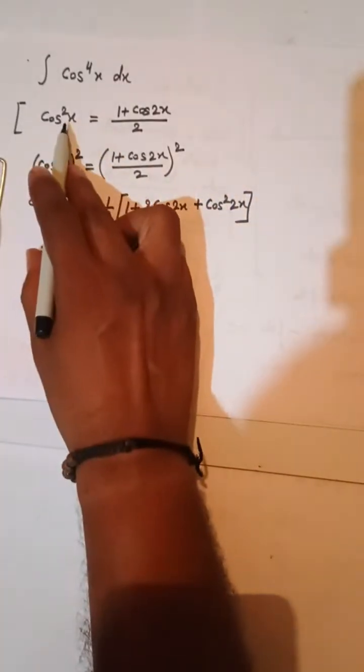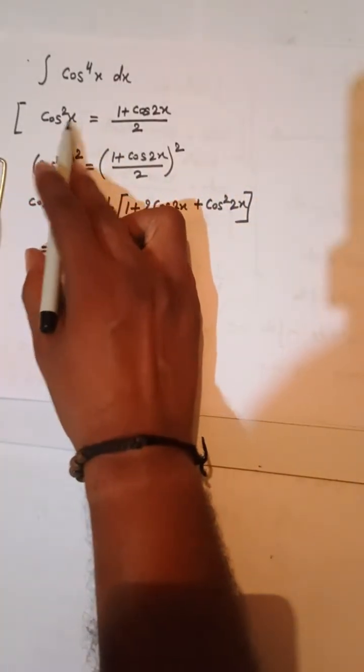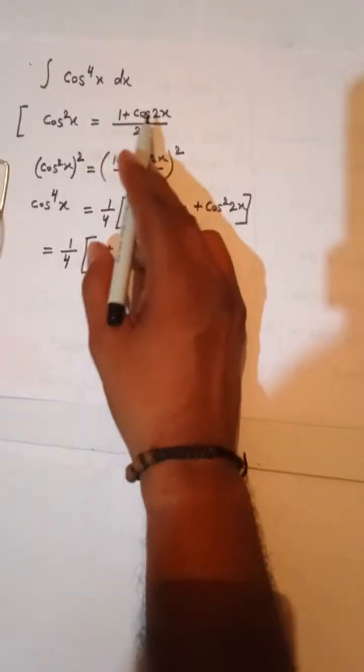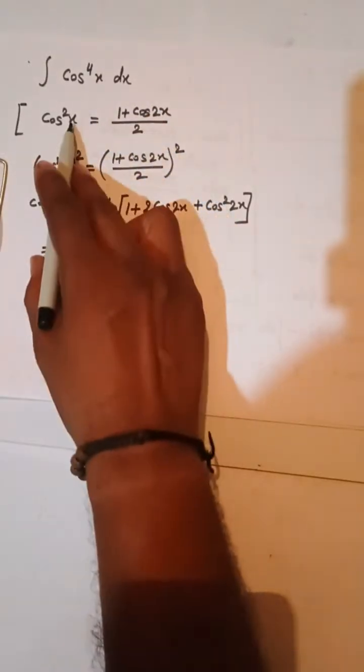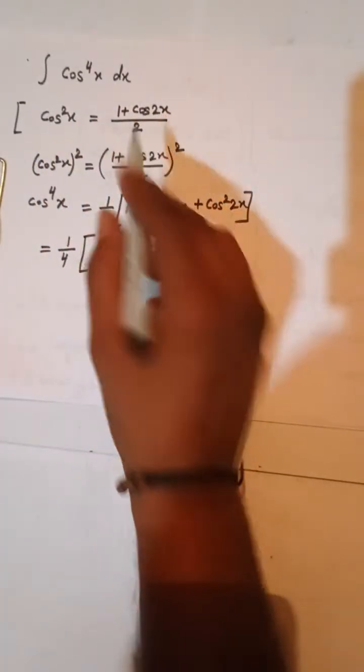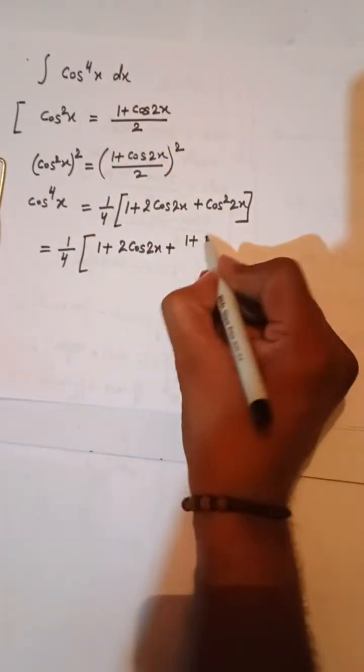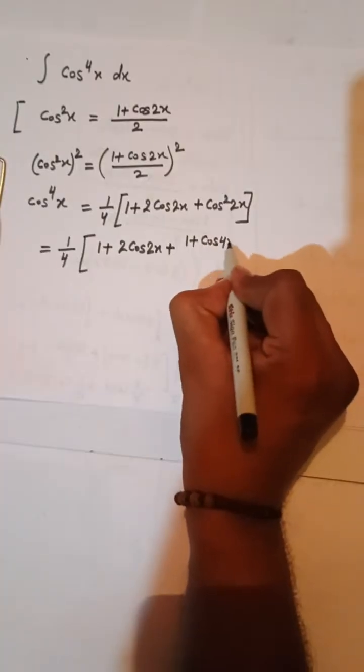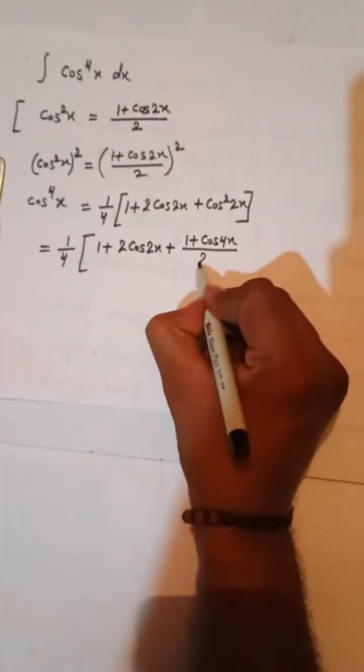Here 1 is same, 2 is same, only 2 times, so it is just double of this. If it is 2 here, I need to put 4, so 1 plus cos 4x divided by 2 over here.